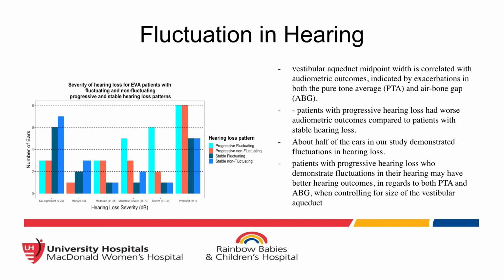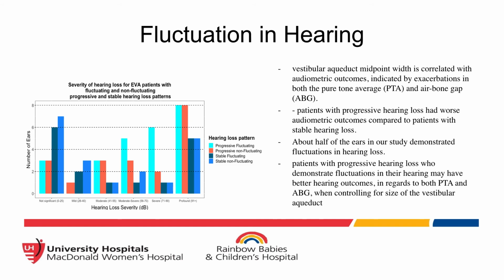Patients were also subcategorized depending on whether their clinical course followed progressive or stable hearing loss patterns. Progressive hearing loss was defined as patients with fluctuations in hearing leading to a diminished hearing acuity that never returned to baseline, while stable referred to hearing that either improved over time or stayed at baseline.